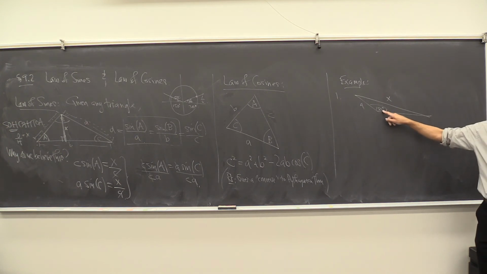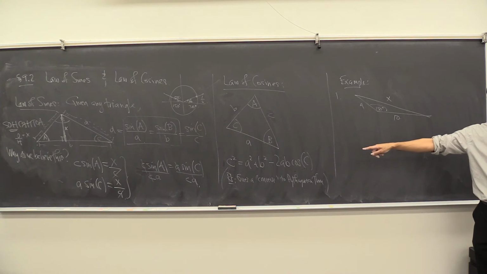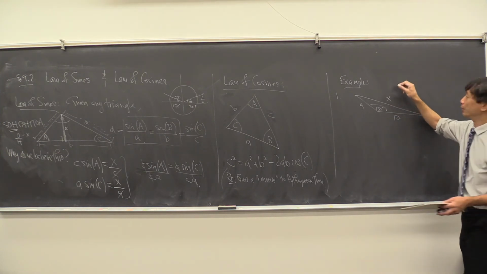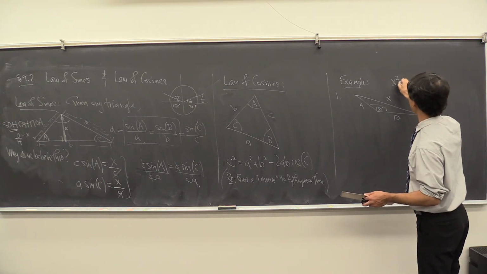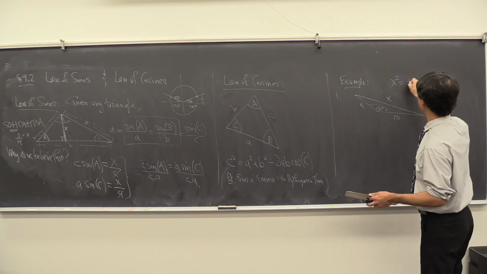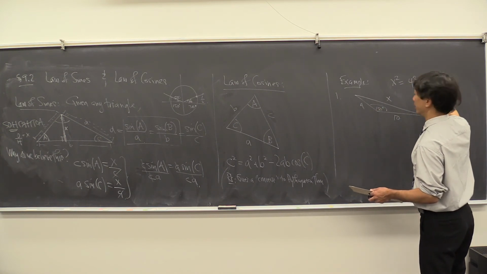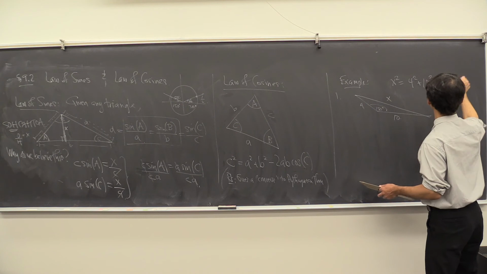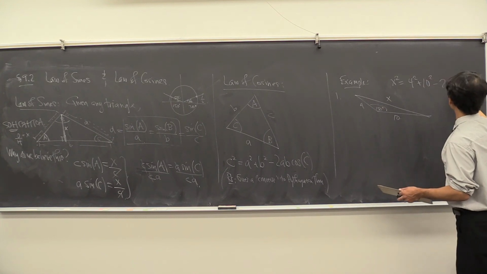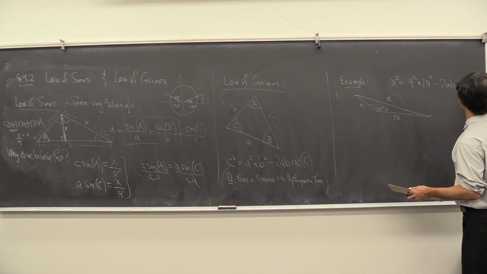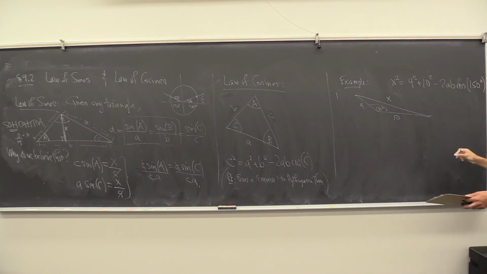We have only one angle here, so this is going to be that capital C. So the law of cosines says x squared equals a squared plus b squared minus 2ab cosine of 150.